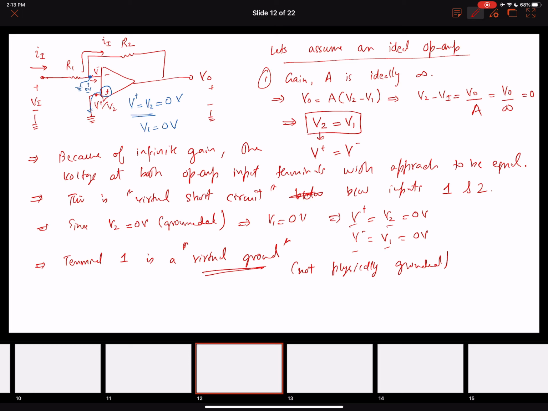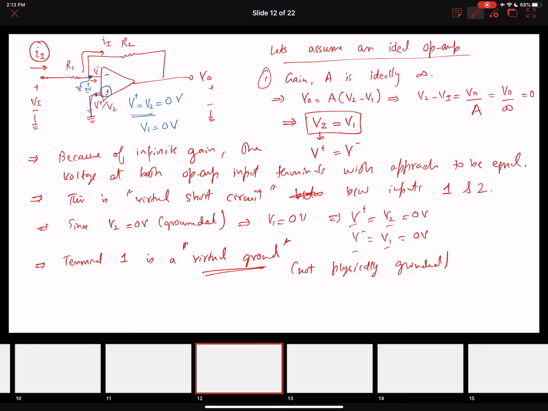All right, second, let's find out the value of the gain. The current II is the current drawn from the input. It is flowing through the resistor R1, and since our V negative or V1 is grounded, the same current II will flow through R2.